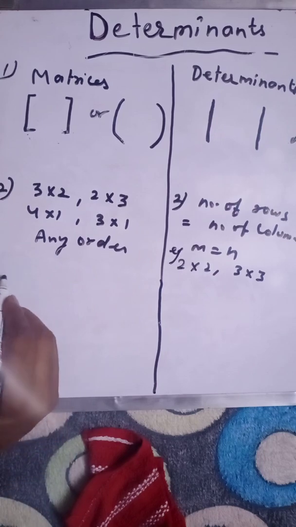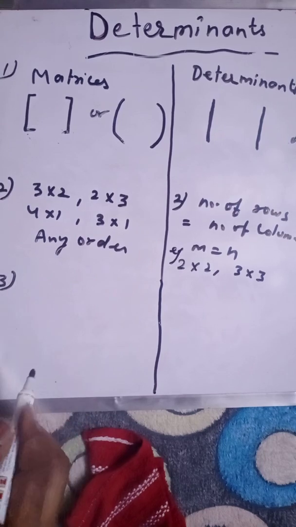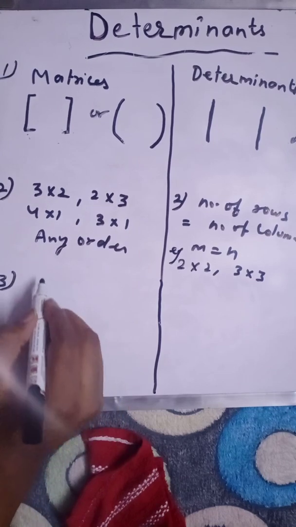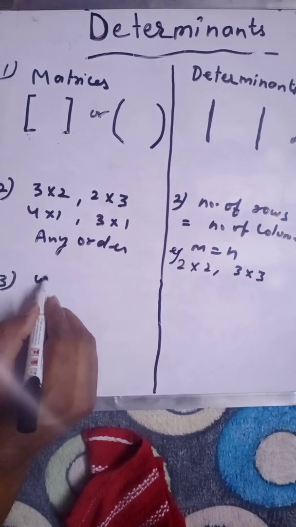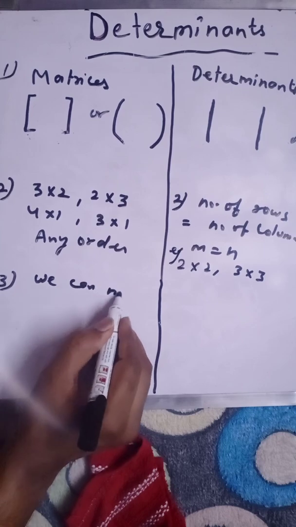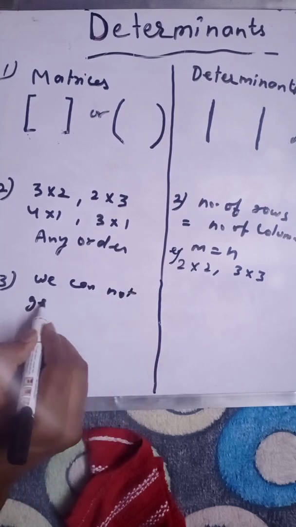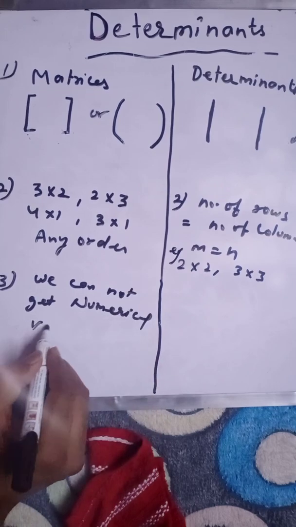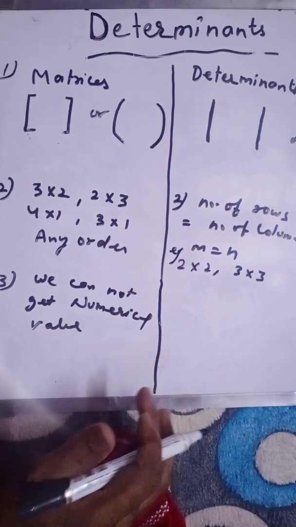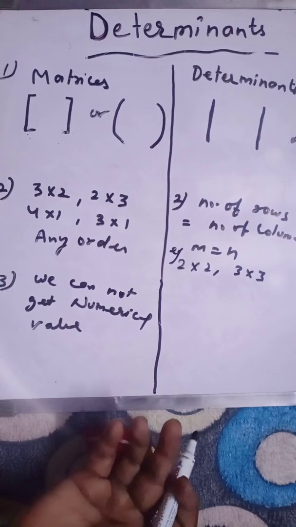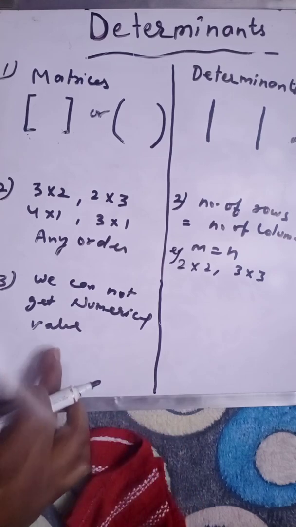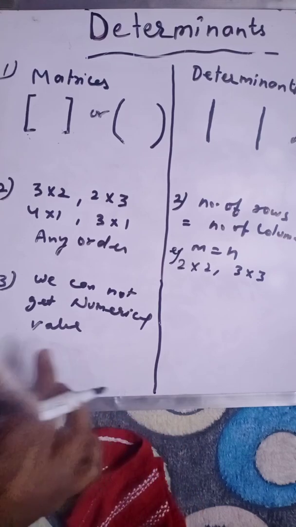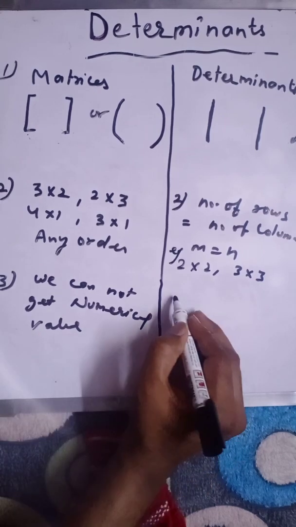Fine. Third difference, in matrices we cannot get a numerical value. We can find the inverse of a matrix, fine, but we cannot find out a numerical value in case of matrices.